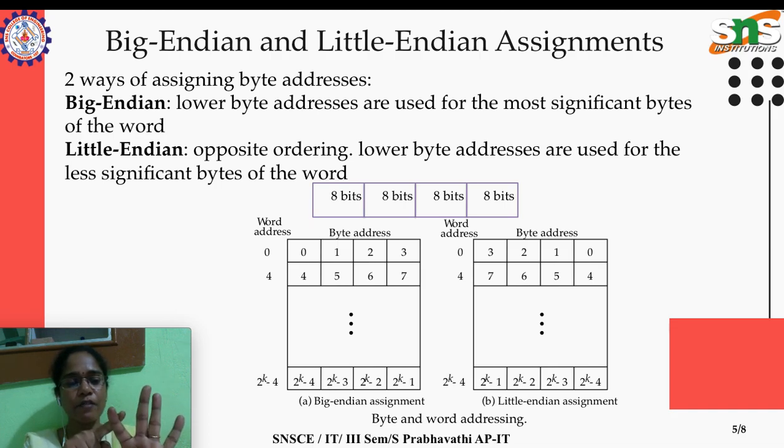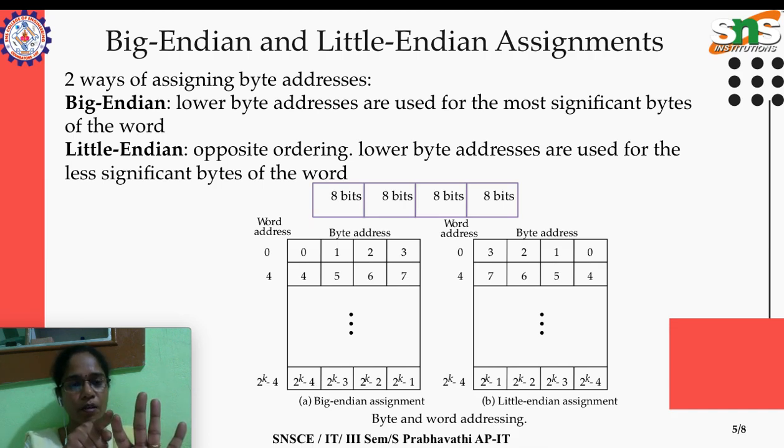So the first character in a word will have byte address 0, then byte address 1 for the second, 2 for the third, and 3 for the fourth. In this manner it is arranged.